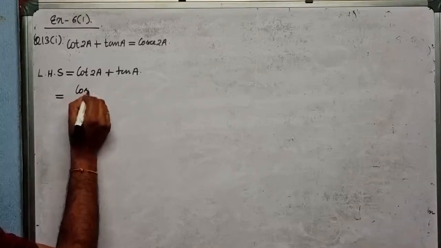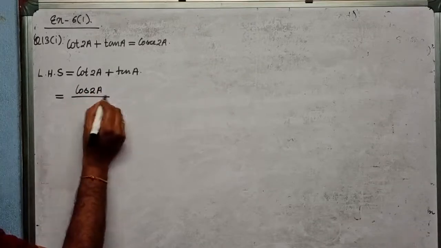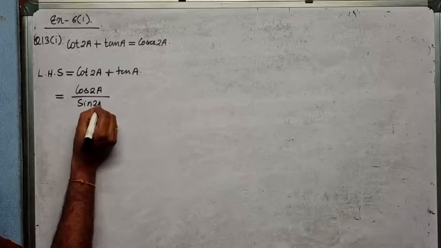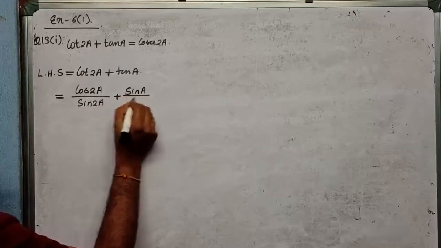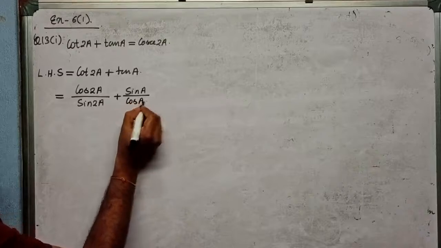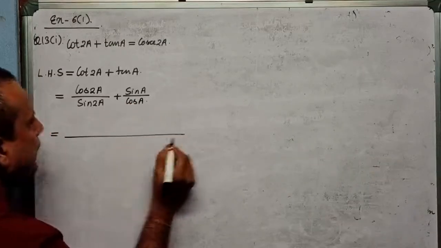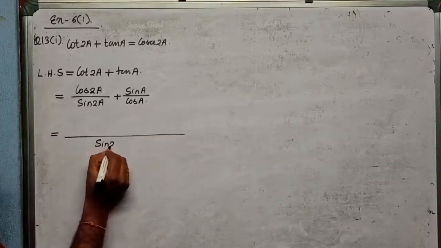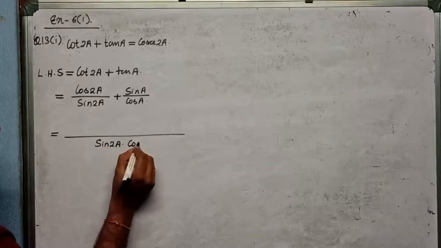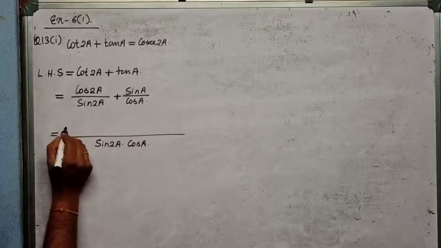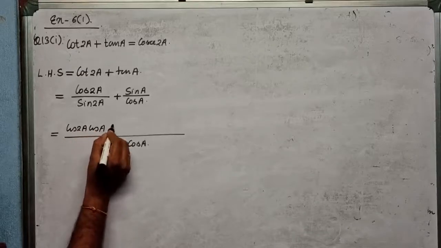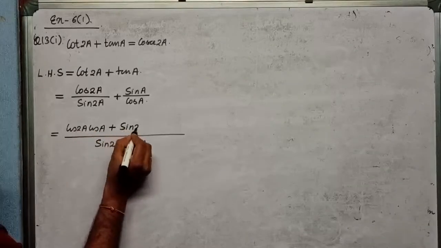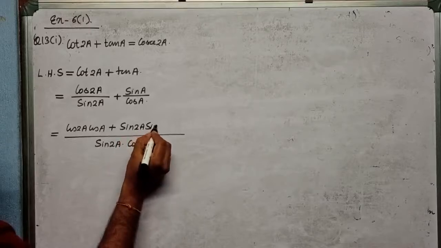Cot 2a means cos 2a over sine 2a, and tan a is sine a over cos a. Now I'll take the LCM, sine 2a into cos a. After taking the LCM, the numerator will be cos 2a cos a plus sine 2a sine a.